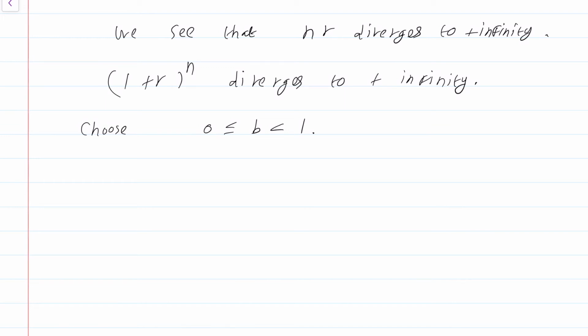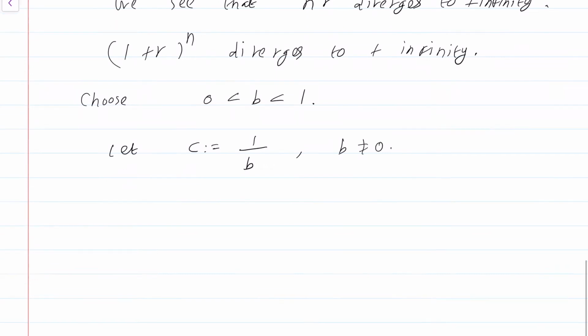Always try to use what has been shown so far. Let c by definition be equal to 1 by b, whenever b is not 0. Again, the case b equal to 0 is really trivial. There's nothing really to show. I will just take 0 less than b less than 1. So take c to be 1 by b.